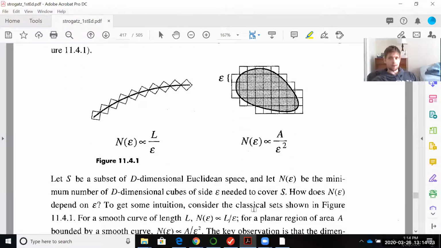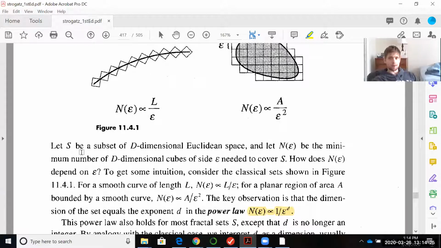So here's a formal definition. Let S be a subset of n-dimensional Euclidean space, and let N(epsilon) be the minimum number of d-dimensional cubes of size epsilon needed to cover S. How does the number of boxes scale with epsilon?